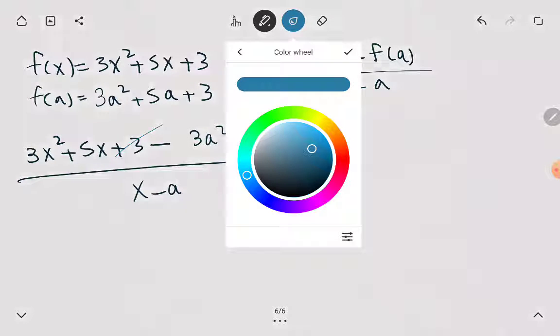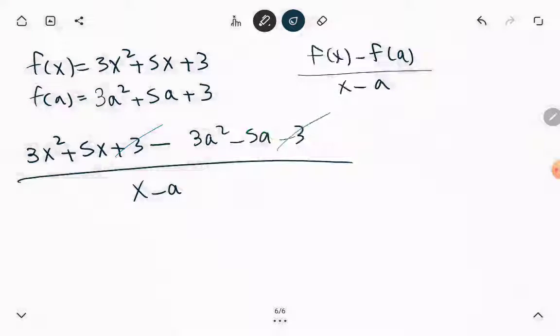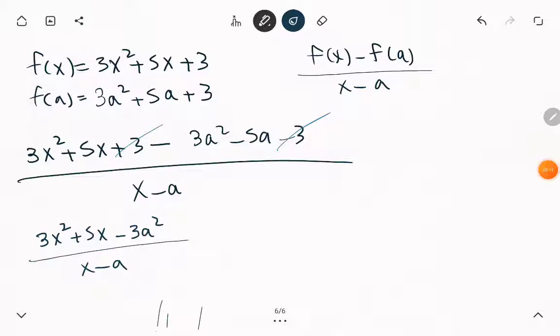So let's continue rewriting our new fraction as 3x squared plus 5x minus 3a squared minus 5a over x minus a. So let's write it this way.